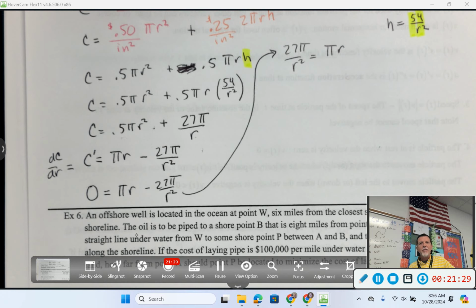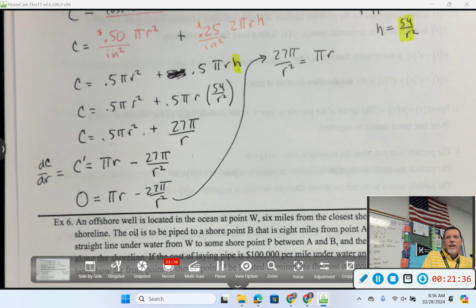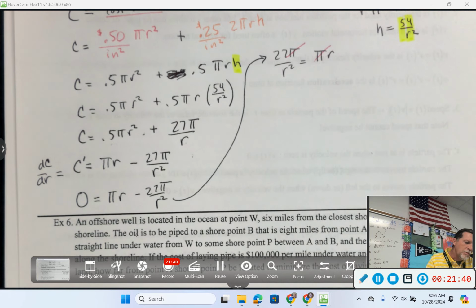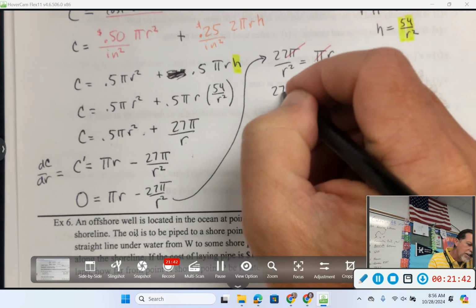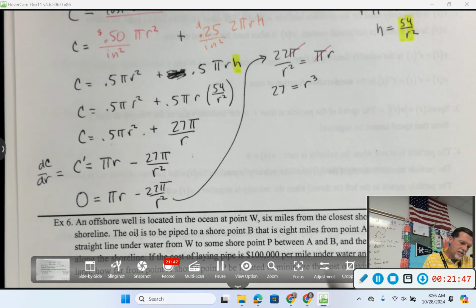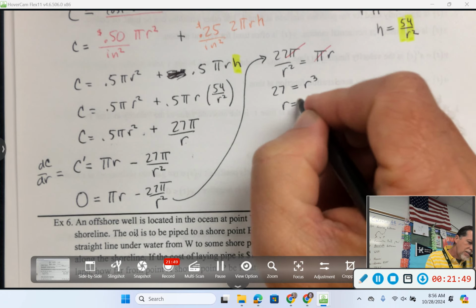Why do I say that? What can we do next? Algebra-wise, what can go away? Pi's will go away. And then if I multiply r squared to both sides, I get r cubed. And so r equals 3.